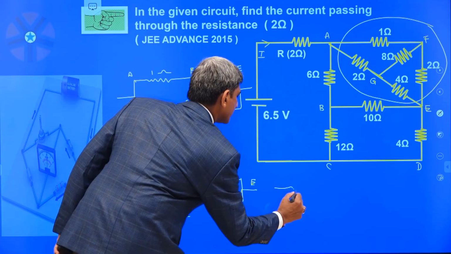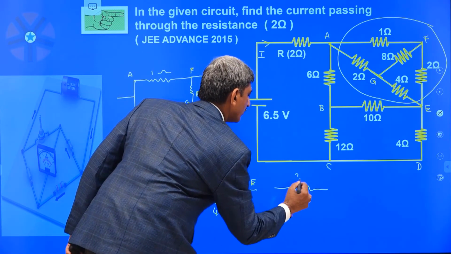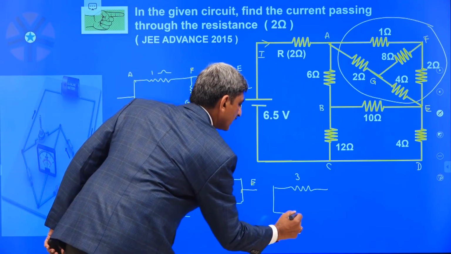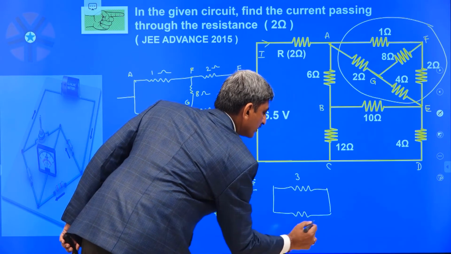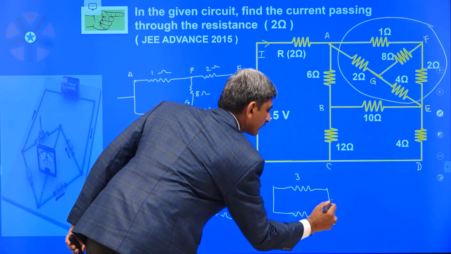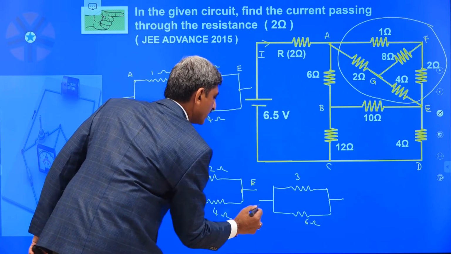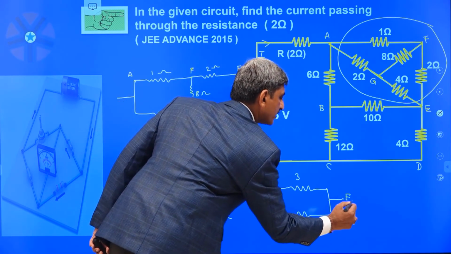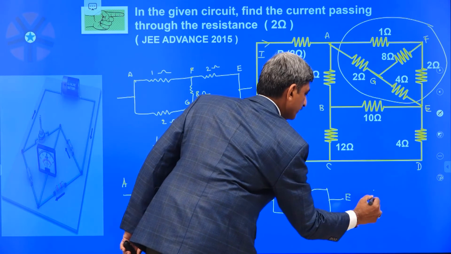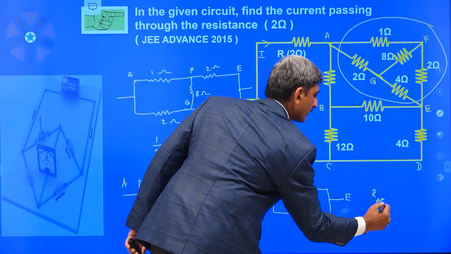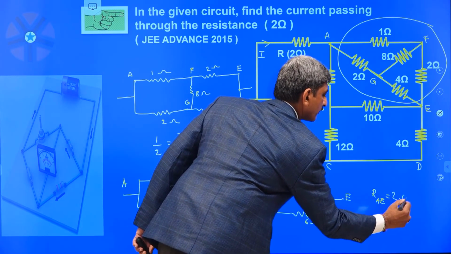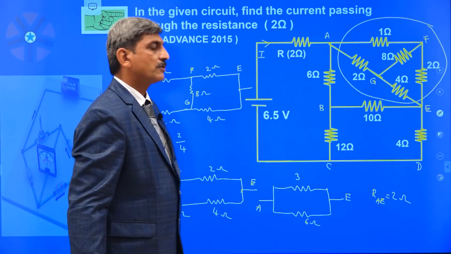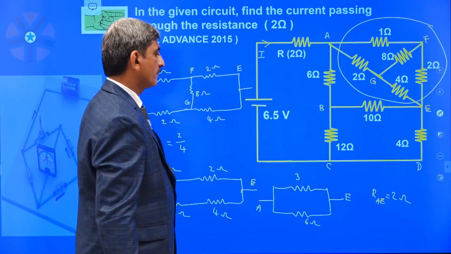The equivalent resistance is 3 ohms. 2 and 4 ohms are in series. The equivalent resistance is 6 ohms. These 3 ohms and 6 ohms are in parallel to one another, so that the equivalent resistance is equal to R1 R2 divided by R1 plus R2, that is equal to 2 ohms.